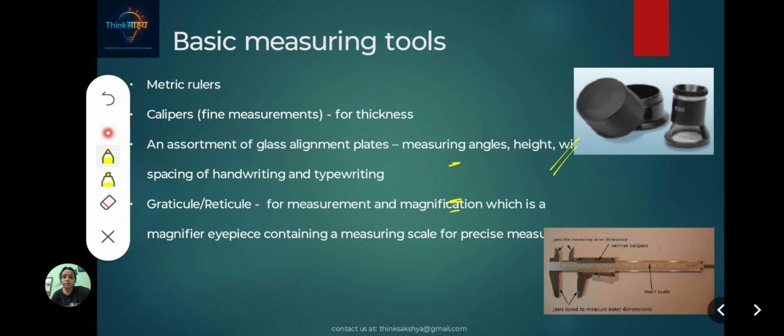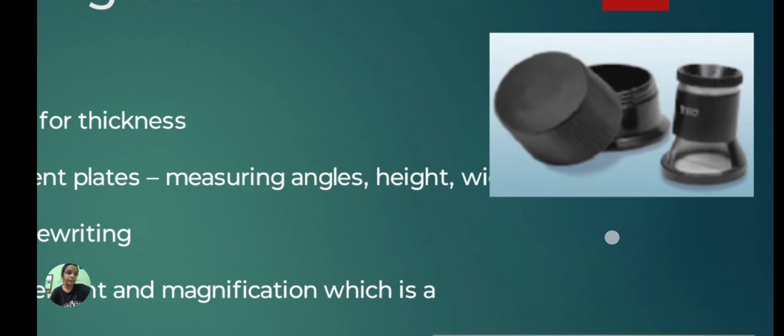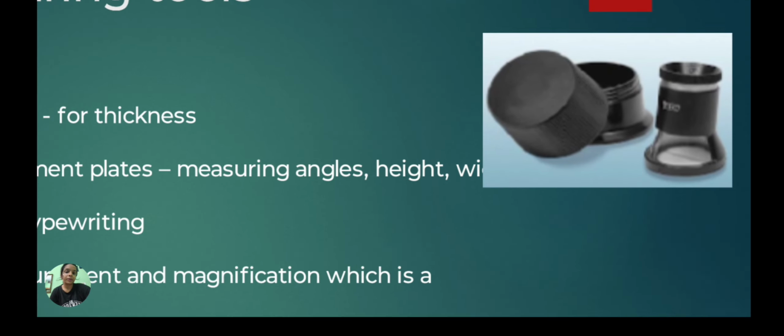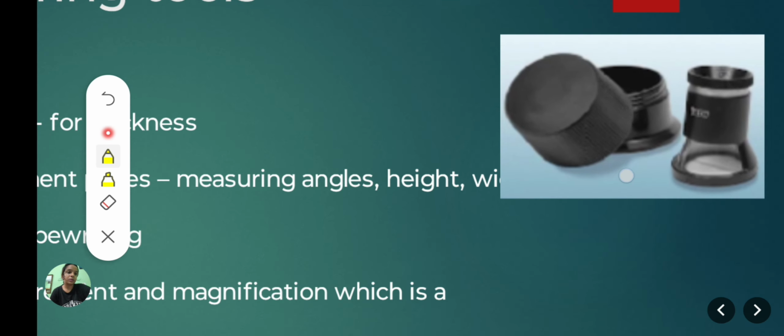Another measuring tool is a graticule or a reticle. It is used for measurement and magnification. It is an eyepiece kind of a thing which is placed on the eye, and under this part there is a measuring scale that has measurements such as centimeters, as well as angles.